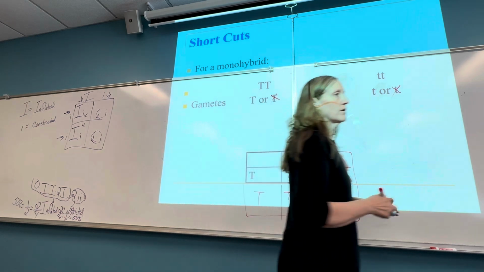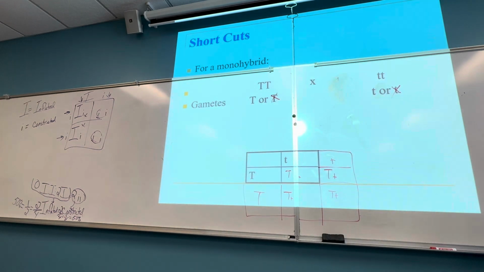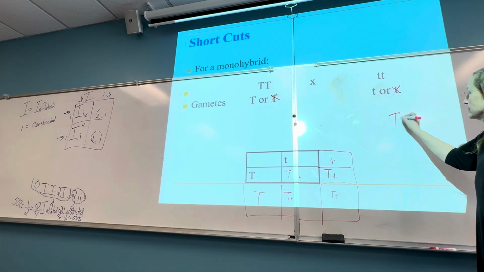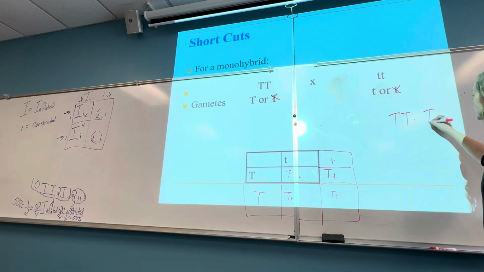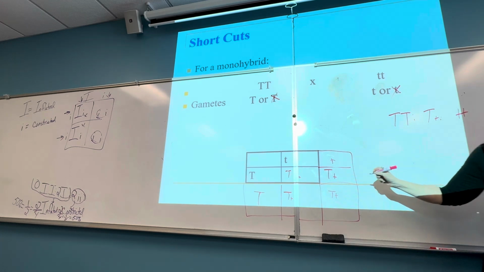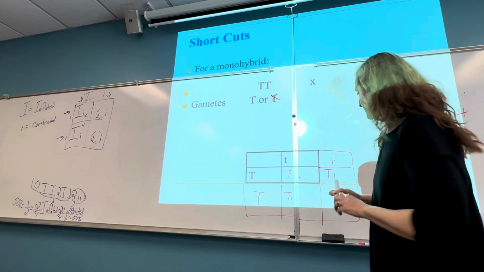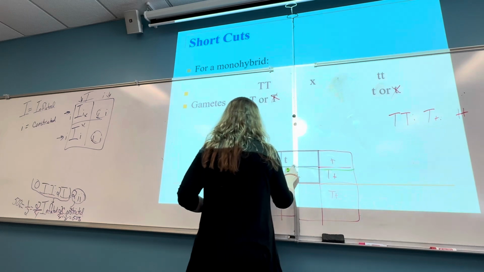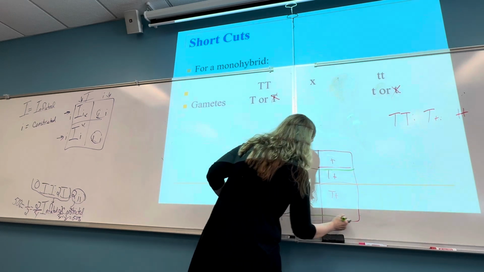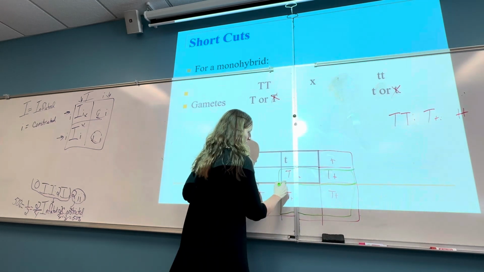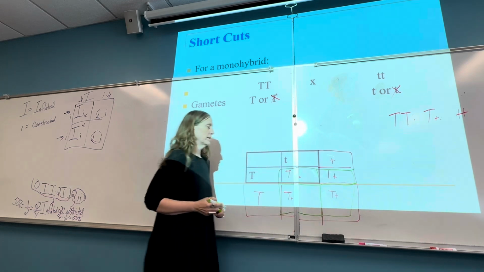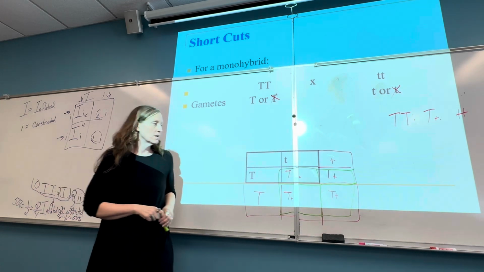So if we take a look at our ratio of offspring, green are our offspring.